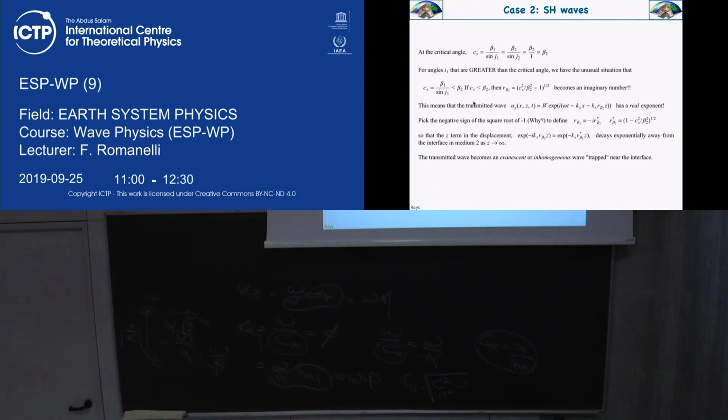From infinite to alpha, we have one behavior, and this is real. What if C is less than alpha? Oh, well, it will become imaginary. So if you want, you have a complex angle.